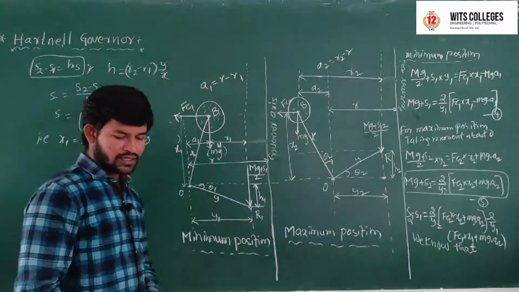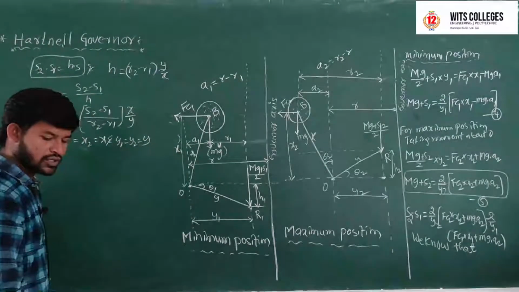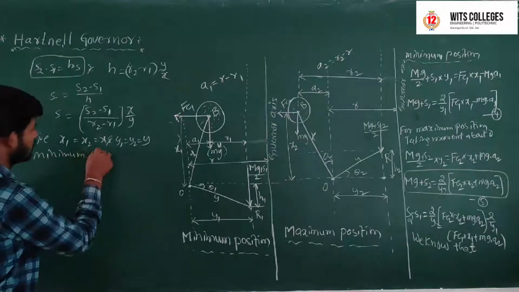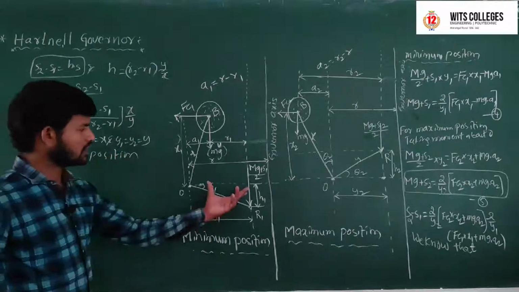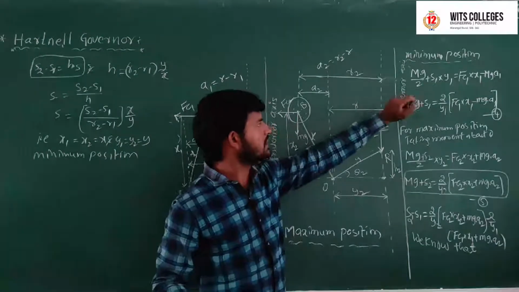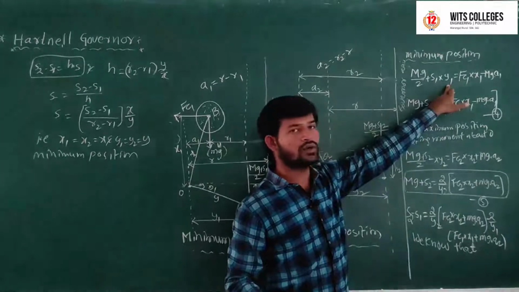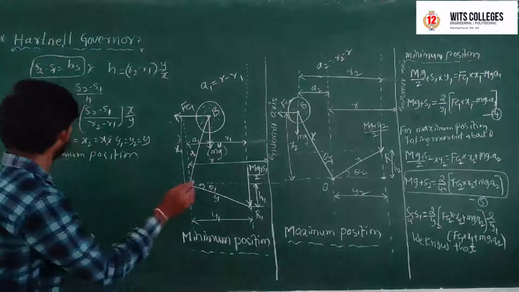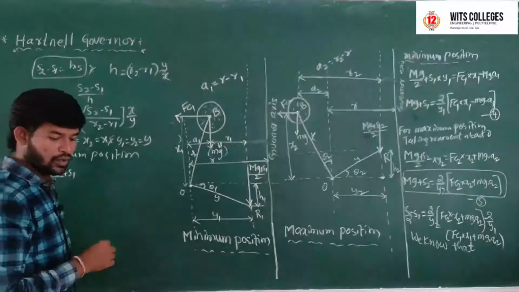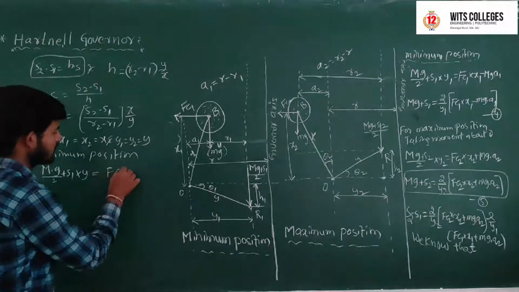Okay, and the moment due to the weight of the ball, at the minimum position, we write x1 equals x2 equals x, and y1 equals y2 equals y. Here mg/2 plus s1 into y equals fc1 into x.